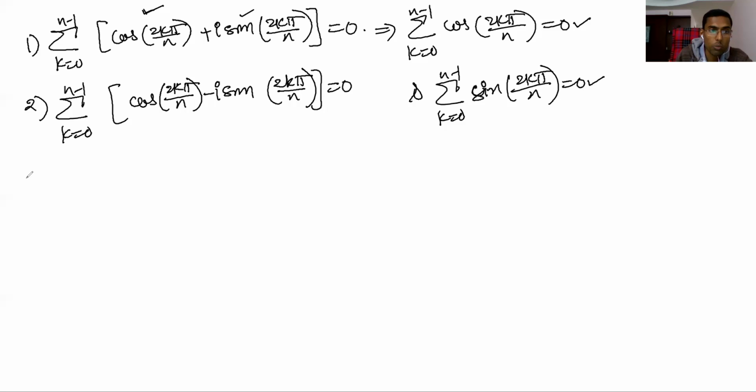Third point you need to understand: the summation if I start with k equal to 1 to n minus 1. Then what will happen?